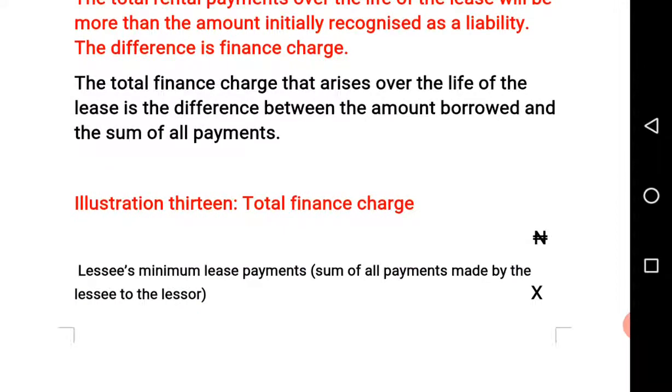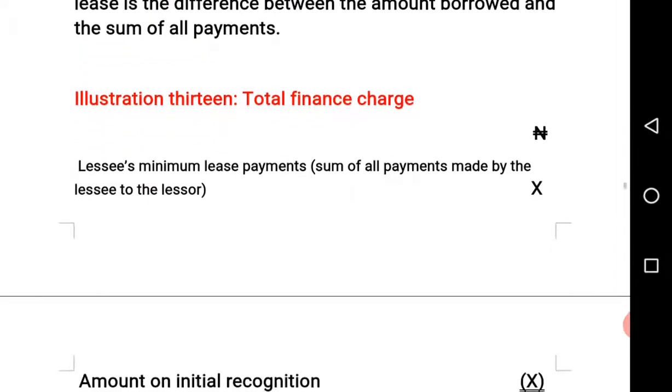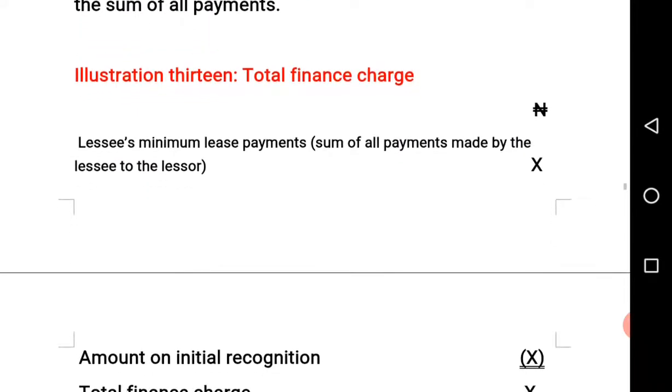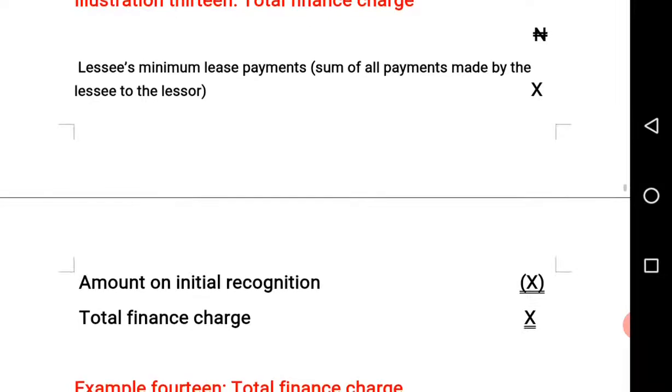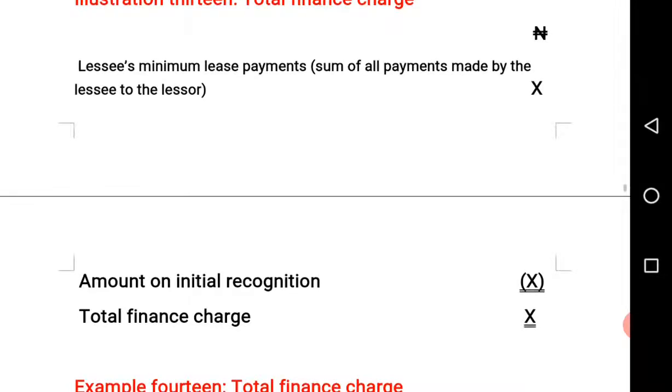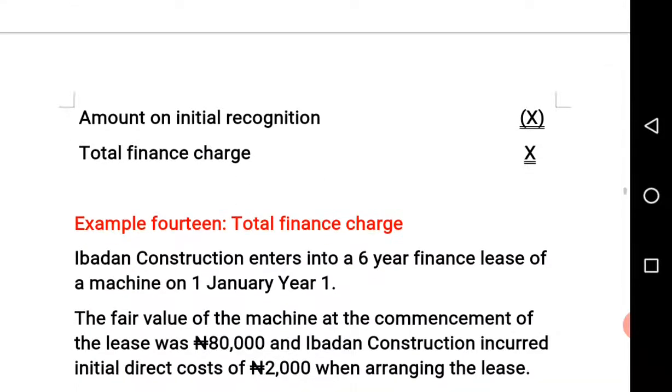Now we'll have a format here. Lessee's minimum lease payments, the sum of all payments made by the lessee to the lessor. Then we have the amounts on initial recognition, that's the cost of the asset. Then the difference gives us the total finance charge.